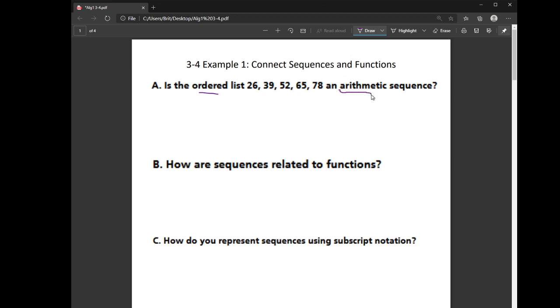So I want to start by defining what these are. A sequence is just an ordered list, like we saw earlier. Arithmetic means that it is separated by a common difference.